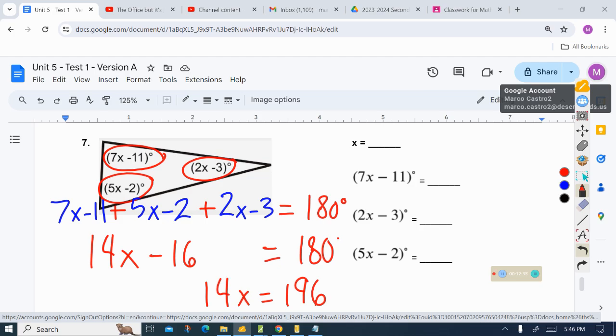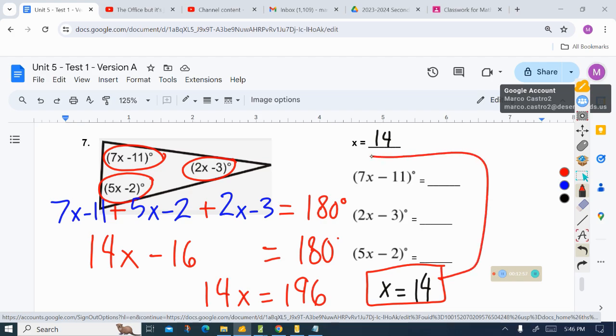If we then divide both sides by 14, we are going to get that x equals 14. Okay, so now we have that value, and we can plug that in here for x, and we can go substitute the x into these other values likewise and go get what they are.